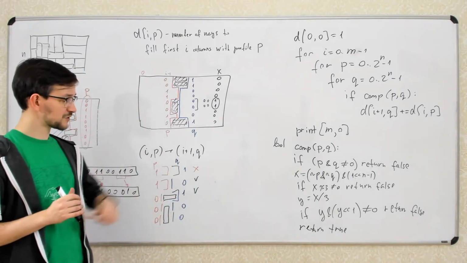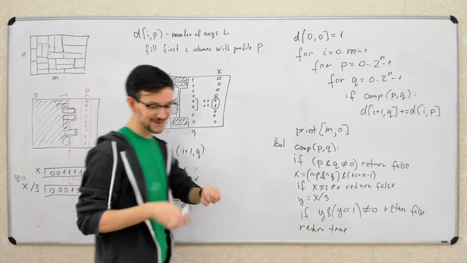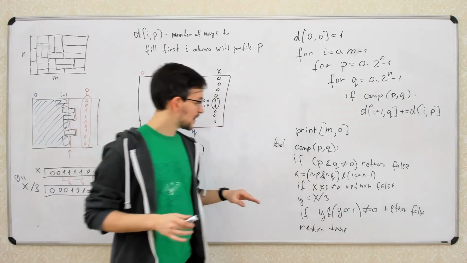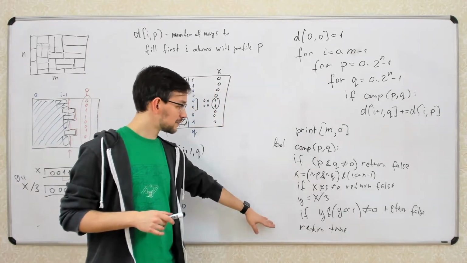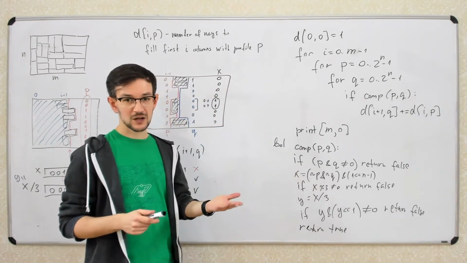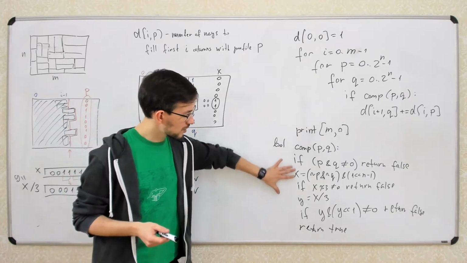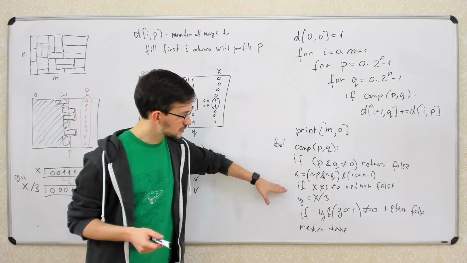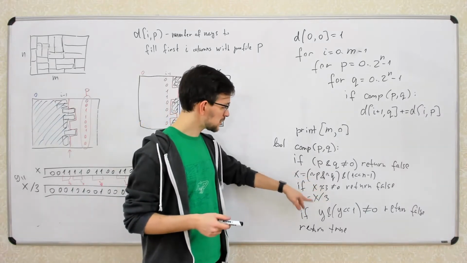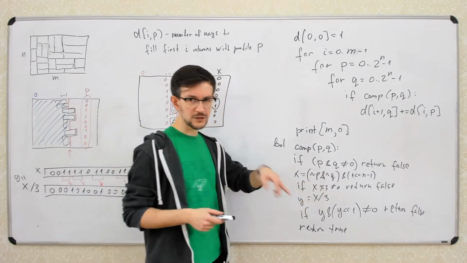That's all the tricks I want to show you. Again, that's kind of complicated, but all operations are quite fast. You don't have any cycles or loops here. You just have some bitwise operations and arithmetic operations. Here you have the division.